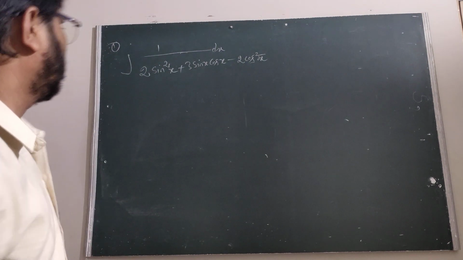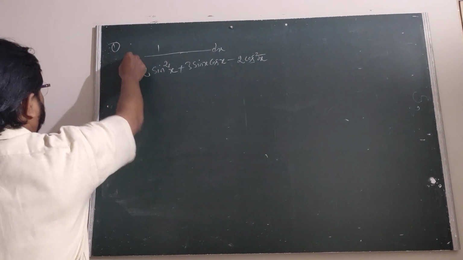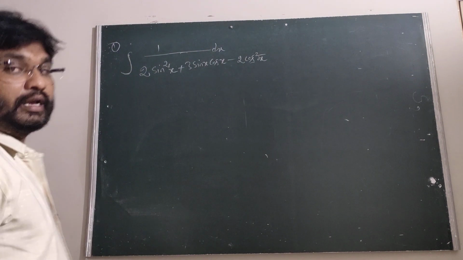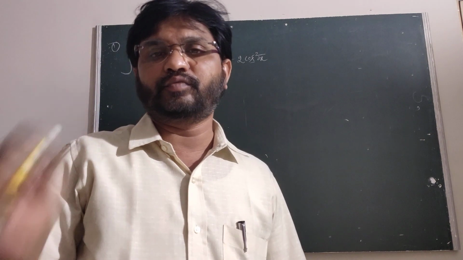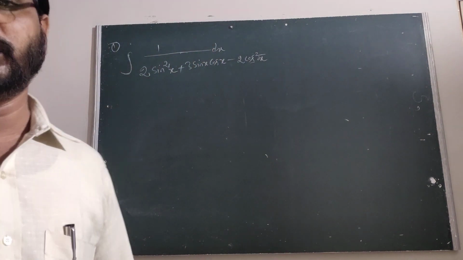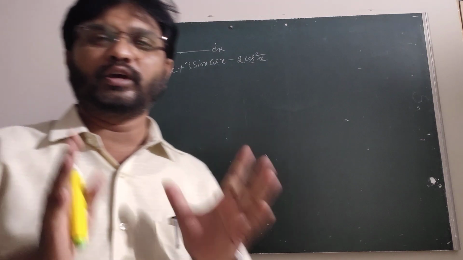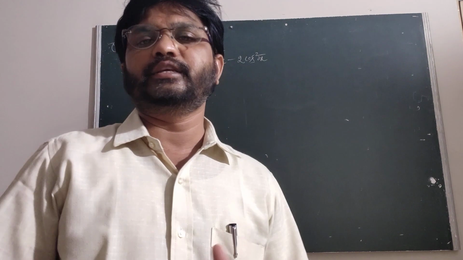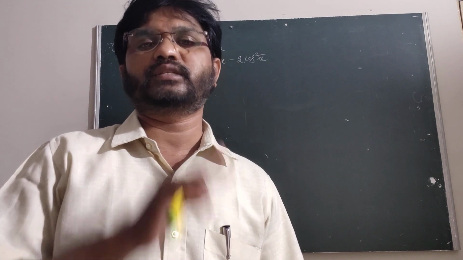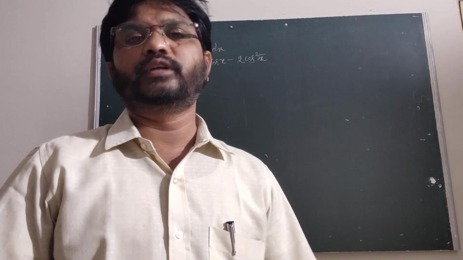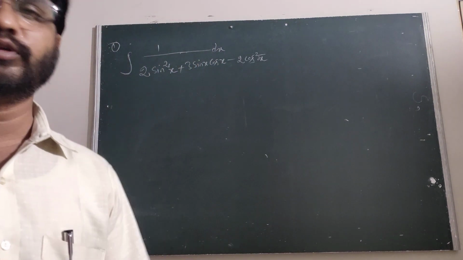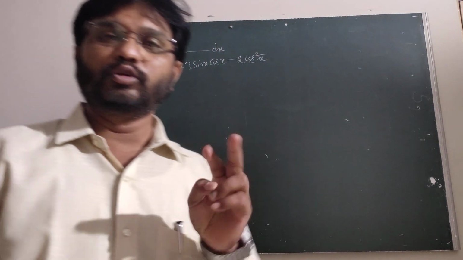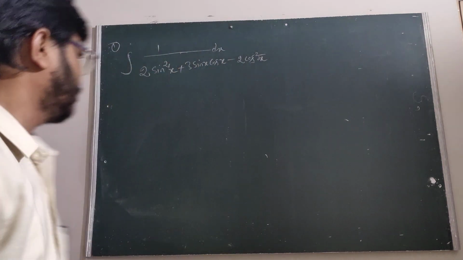You can observe this is the type 1 in the rational trigonometric functions. When the denominator is one of sin square, cos square or sin x cos x, undoubtedly we have to multiply with secant square x, both numerator and denominator.